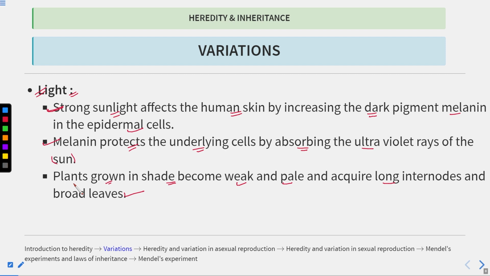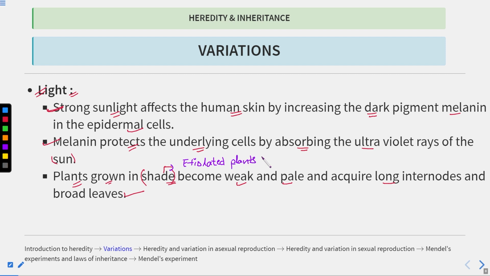But if we talk about plants grown in the shade, or in the absence of light, these plants are known as etiolated plants or etiolated seedlings.